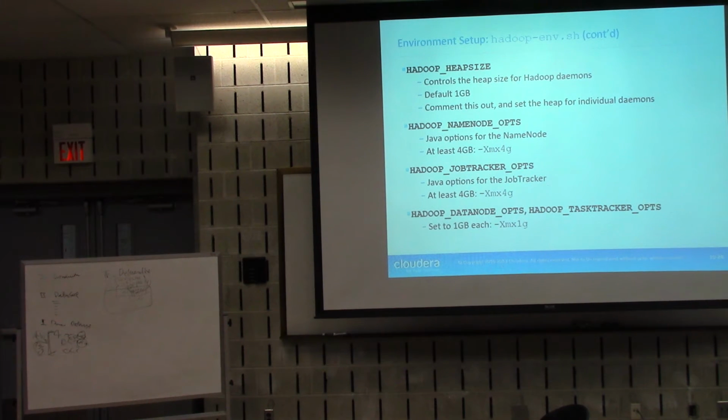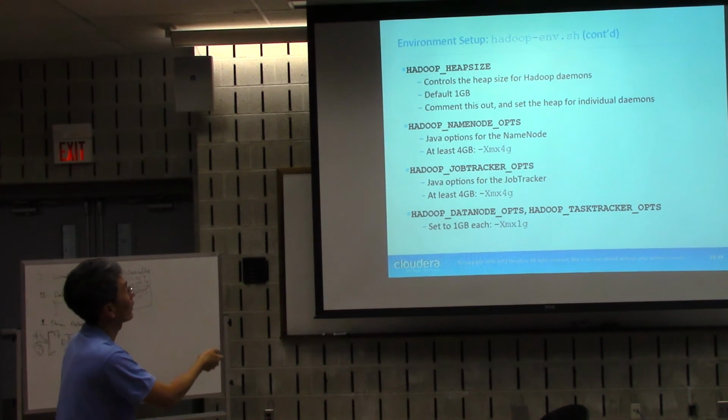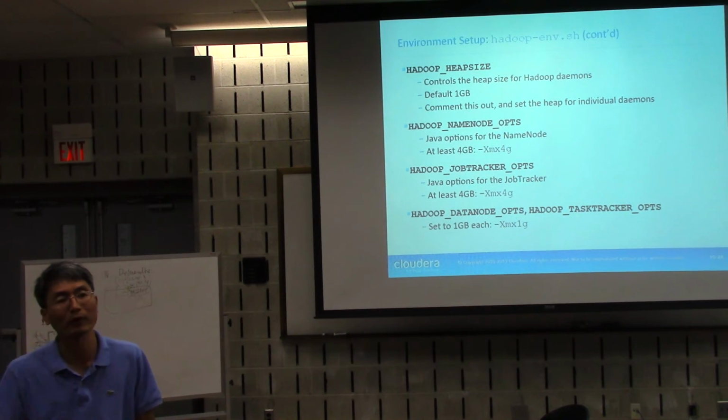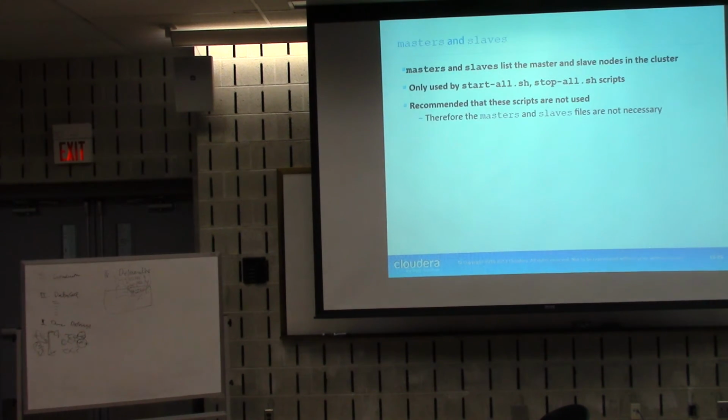Okay, so for the options used in your Hadoop command, the last one will be applied. However, this will override the value you set up in the .xml file. So the .xml file is the overall default value, then it can be overridden by this one, then it can be overridden by your command line option.